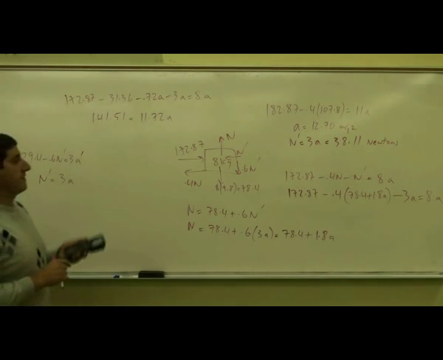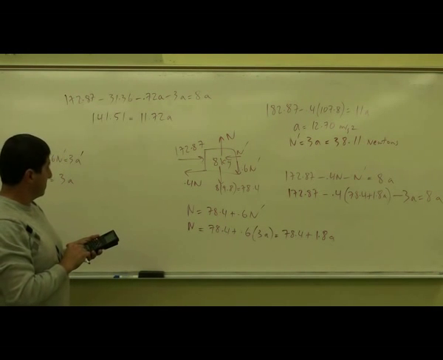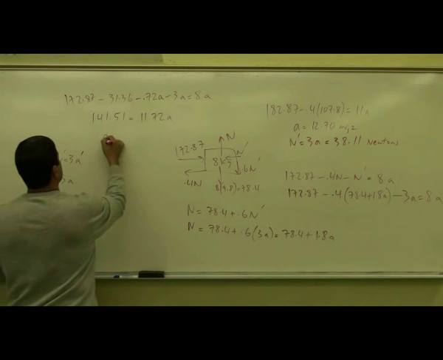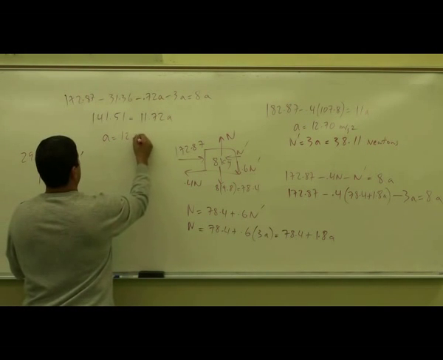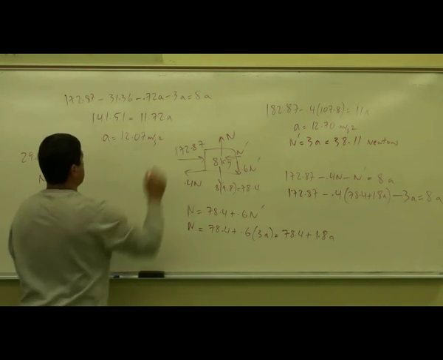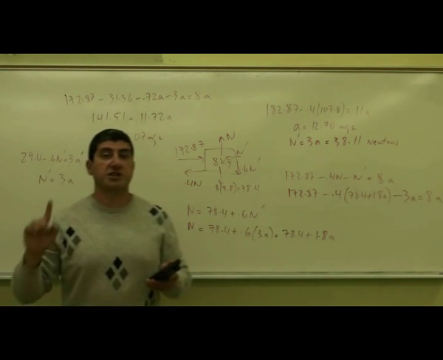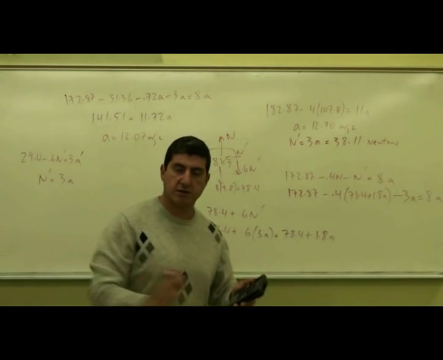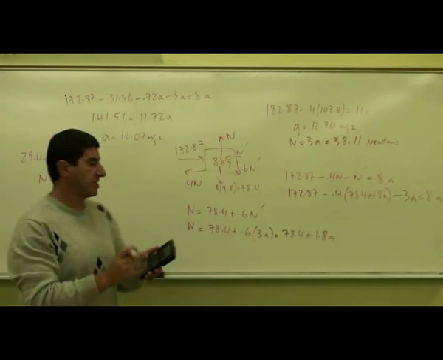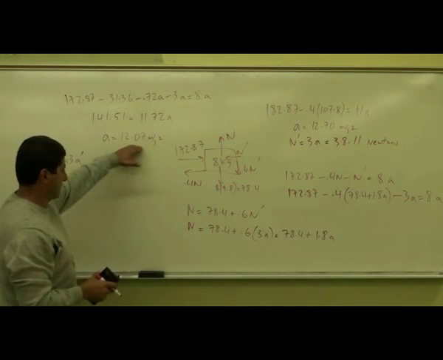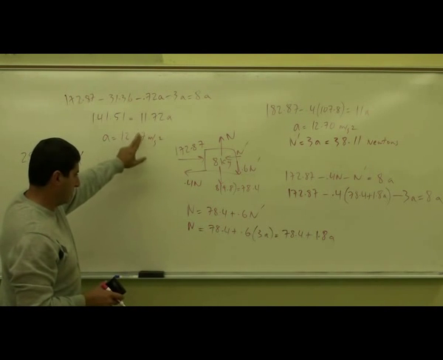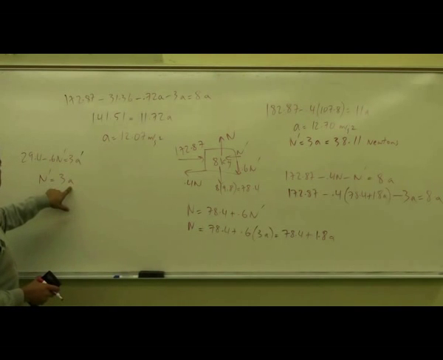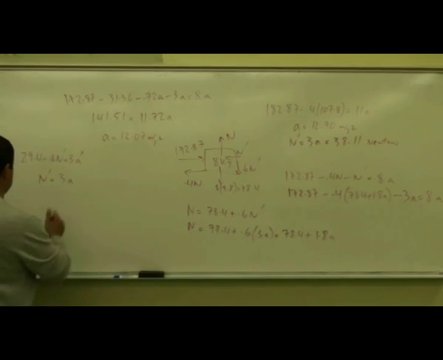So 141.51 divided by 11.72, a is going to equal 12.07 meters per second squared. So notice the acceleration is now less than what you needed in order to keep it stationary. So it's accelerating slower. If that's the case, we can now put it into here and solve for n prime.